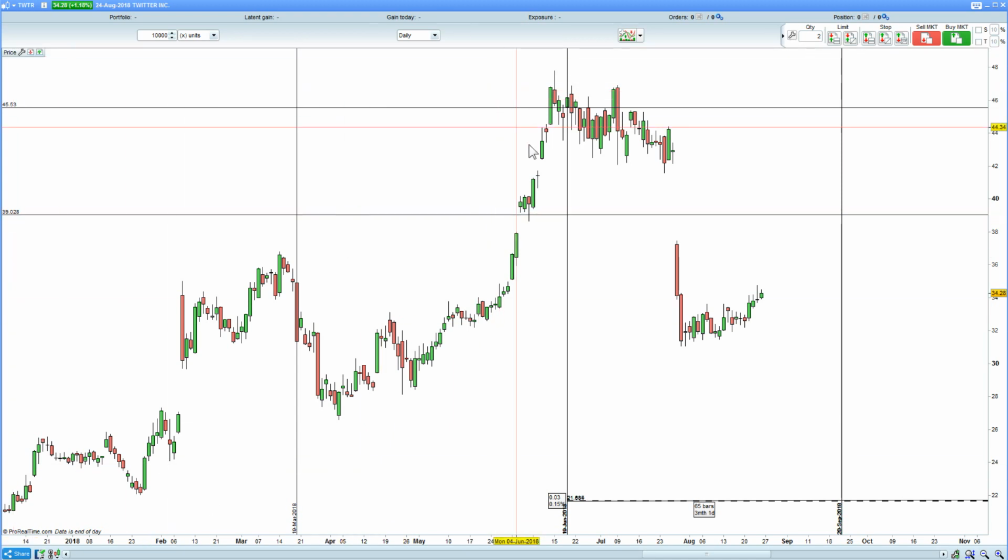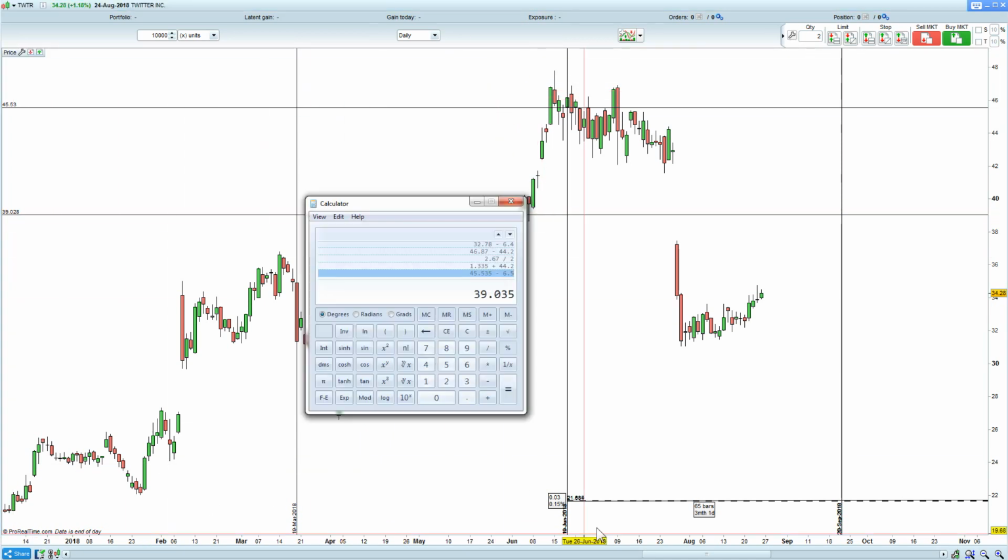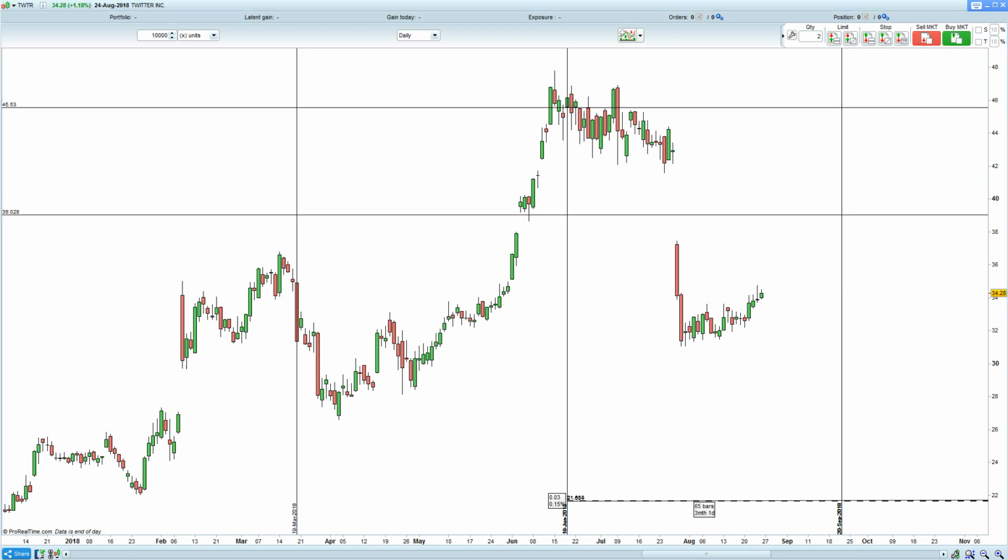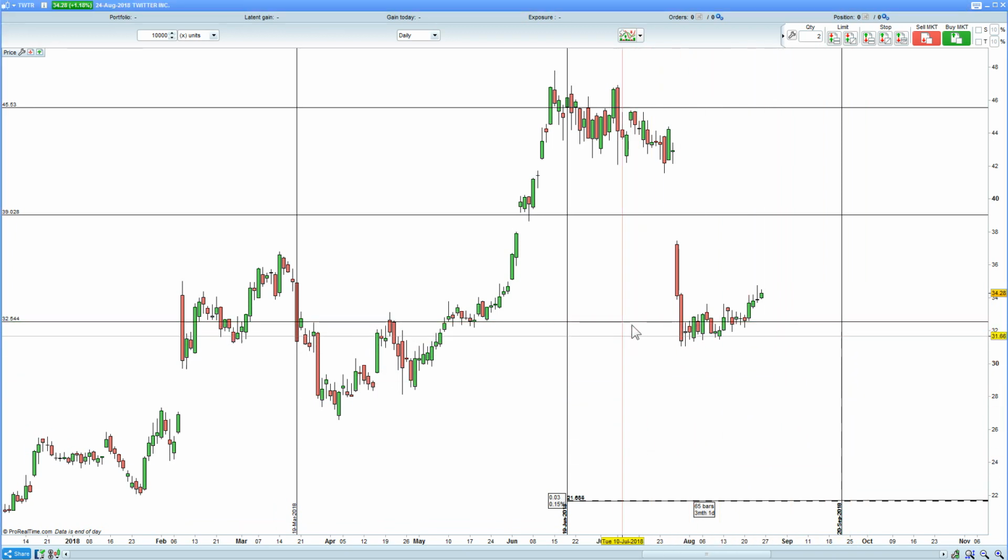Then we add the next price level down, which we get by subtracting 6.5. We get 32.53, right about there. Oh, come on. That was so close. There we go. So we see that the market didn't stop exactly on it, but it's very, very close to it.